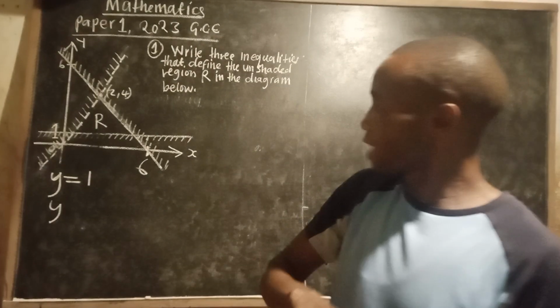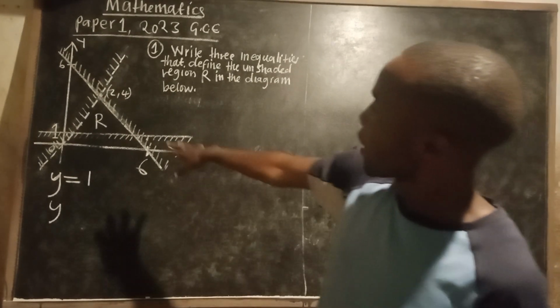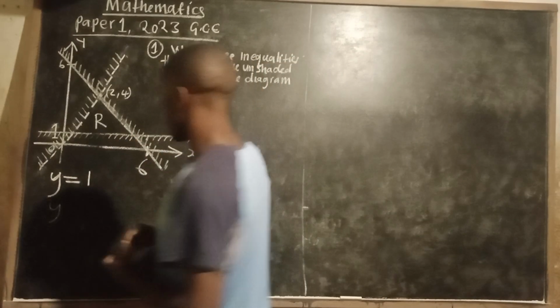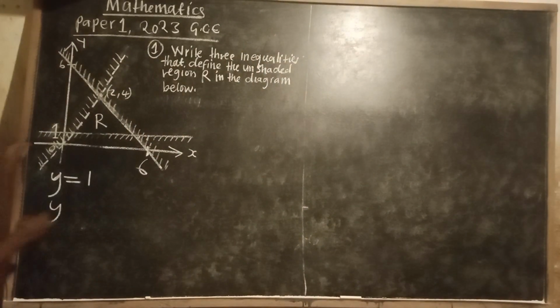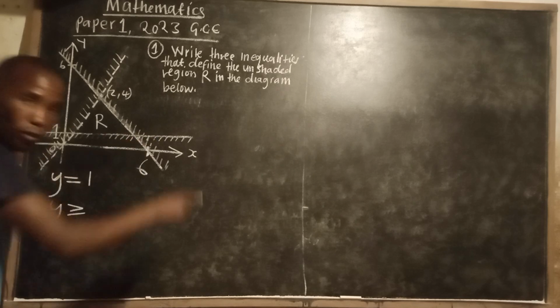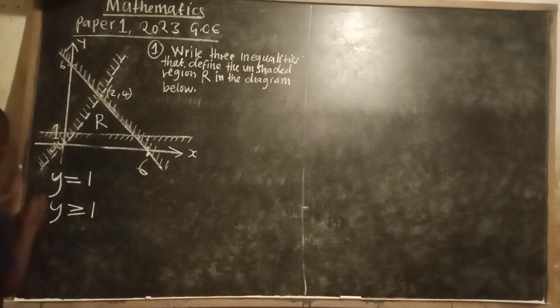So in writing we are going to write the wanted region, which actually satisfies the condition that we have here. So it will be greater, because down there is less, so it will be greater. The shaded is greater. Remember, it's greater than or equal to y. The line is bold. This is what I said. So it will be like this.